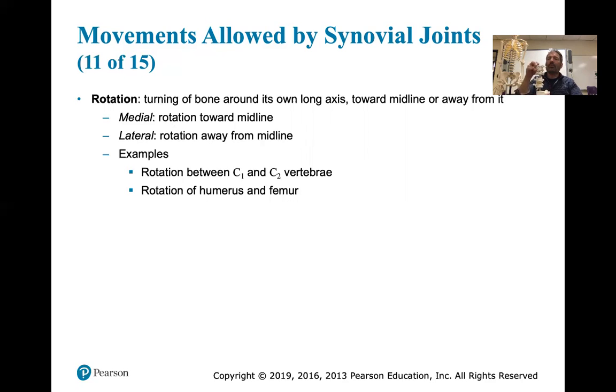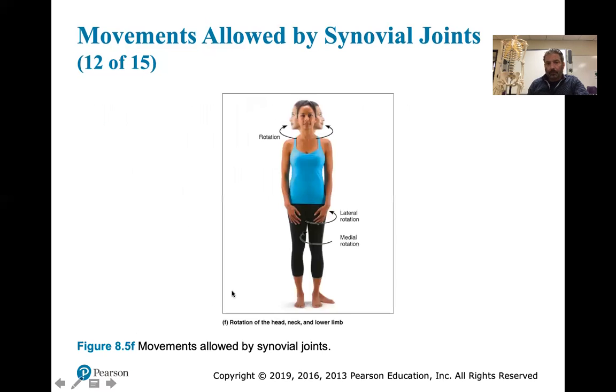C1 is usually stable, and C2 is where most of the rotation of your head comes from. Also rotation of the humerus and femur. So lateral rotation is away from the midline, medial is towards the midline. It depends on whether you're going from right to midline to left. Going towards midline is medial, and away from the midline is lateral.